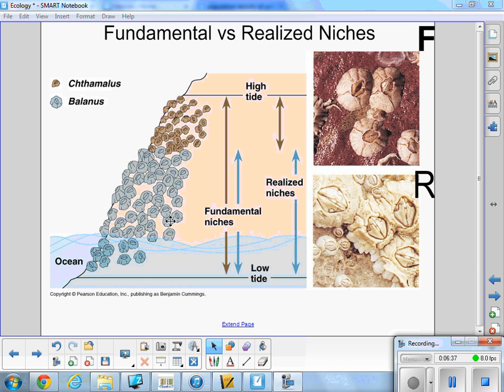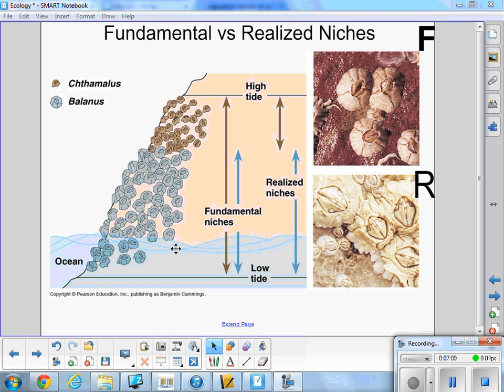If you see, the fundamental niche of the blue barnacle is from here to here, and that's it. However, the brown barnacle can span the entire rock. It can withstand the water at high tide and the dryness at low tide. So it can span this entire area. This is its fundamental niche.